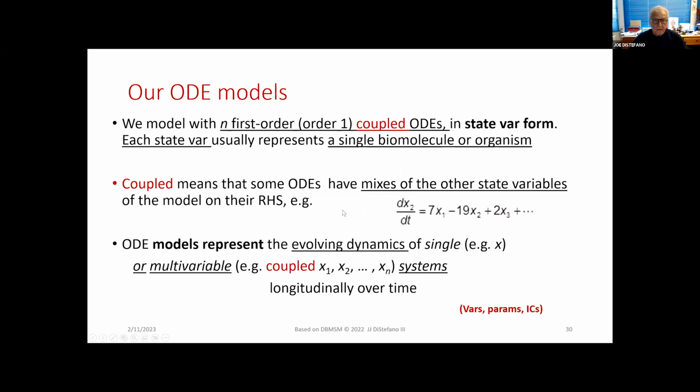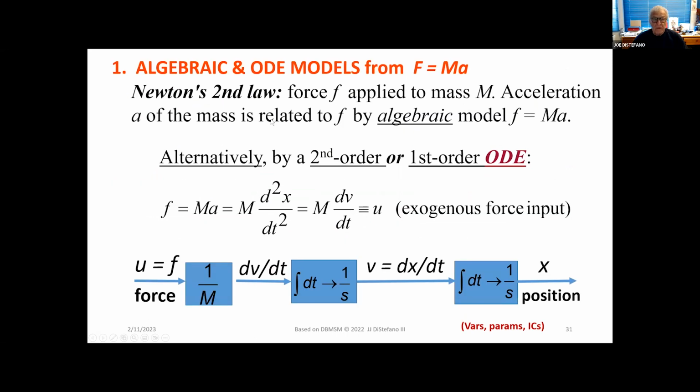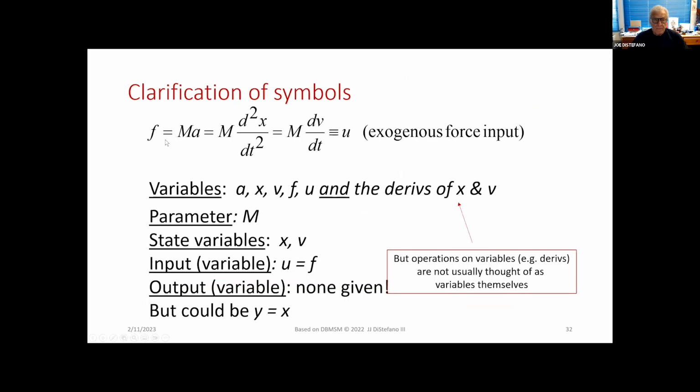Okay, coupled first order differential equations. So here I show that F equals MA can be an algebraic model, or it can be 2 different kinds of differential equation models. Constantly clarifying the meanings of the symbols, the variables, the parameters, state variables, input variable, output variable.